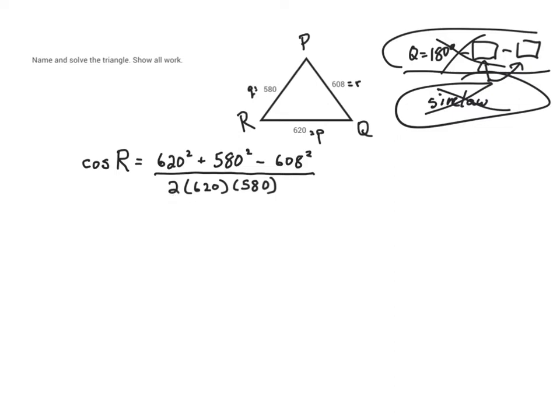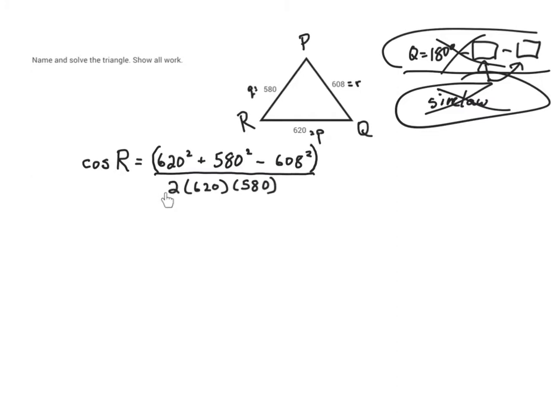All right, so now I could just plug this all into my calculator. It's probably best to put brackets around here so that when you're using your calculator, you don't mess up the order of operations. So in your calculator, it's a good idea just to go open bracket, 620 squared plus 580 squared minus 608 squared, close bracket.